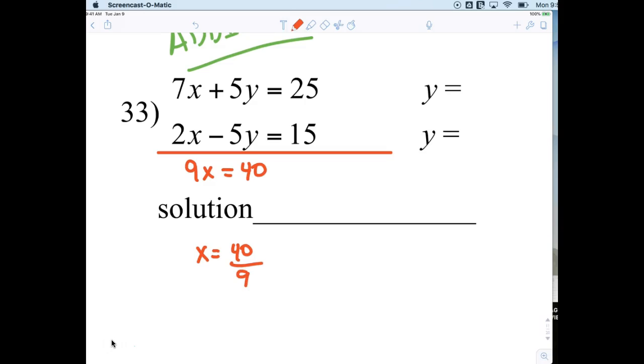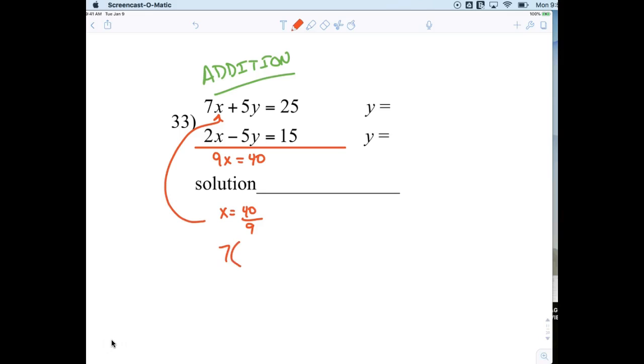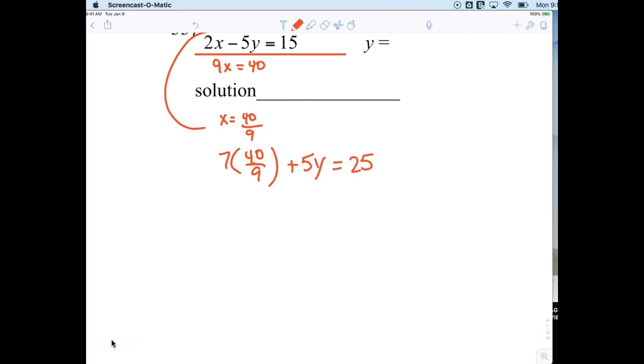All right, now I'm going to plug it in up here for x. So 7 times 40 over 9 plus 5y equals 25. So now 7 times 40 over 9, and now what?